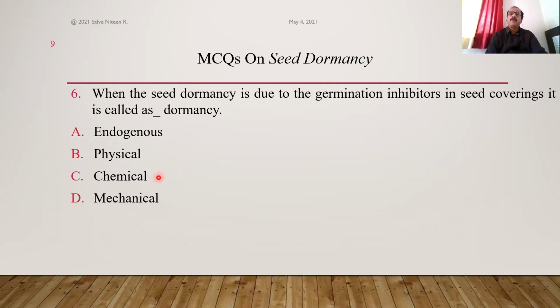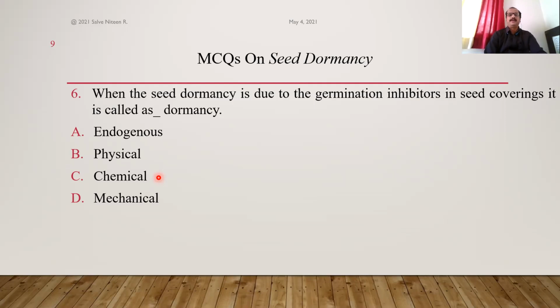Chemical dormancy is usually found in fleshy type of fruits, those seeds which are present in the fruits which are fleshy, juicy fruits, because there are chemical substances which inhibit their germination. Whereas in case of the previous dormancy, physical dormancy, it is mainly shown by the drupe type of fruits, stone fruits, due to their hard nature of seed coverings, especially in case of your Leguminosae family, Fabaceae family.